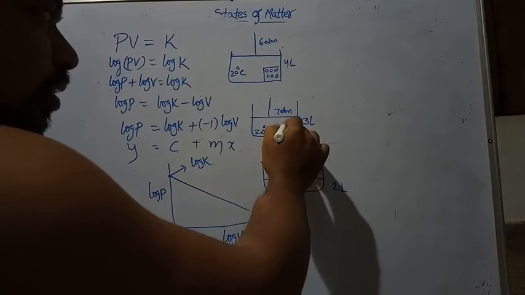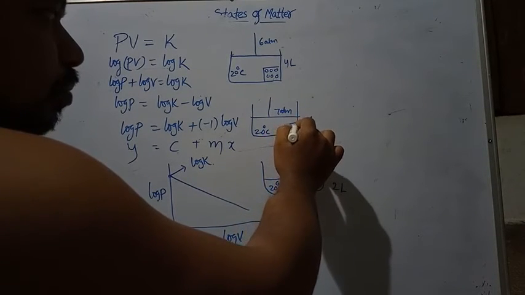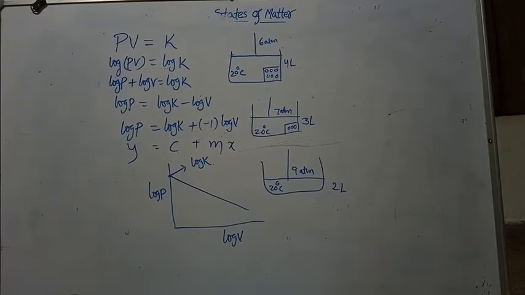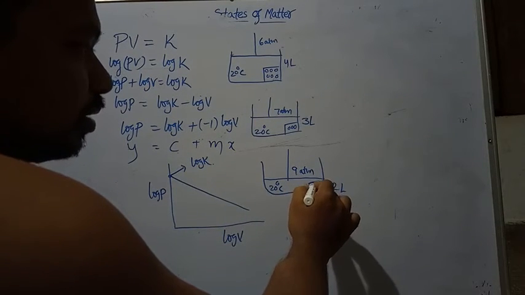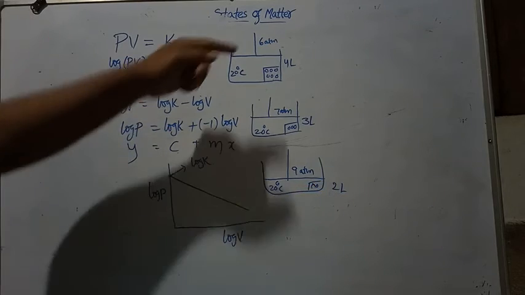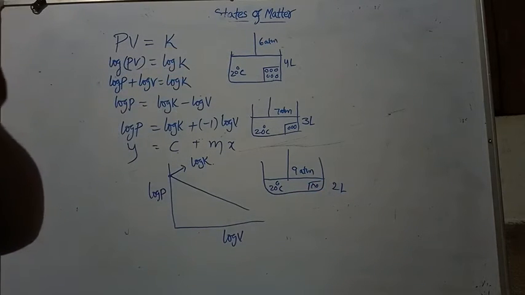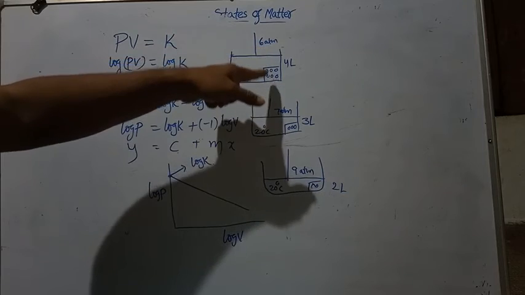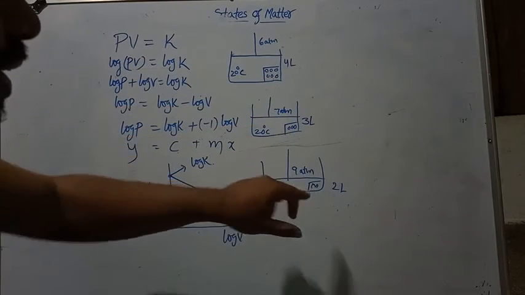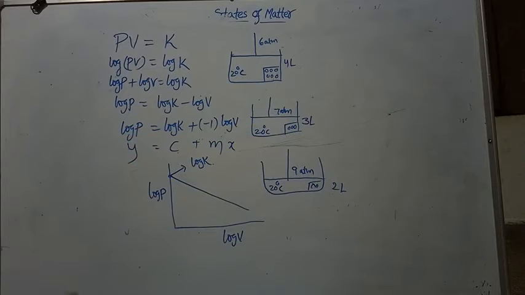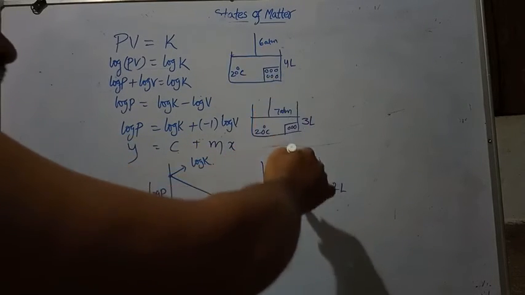In this case, per ml only 3 molecules are there. In this case, per ml only 2 molecules are there. So whenever pressure is increasing, per ml the number of molecules, what happens? Decreasing.